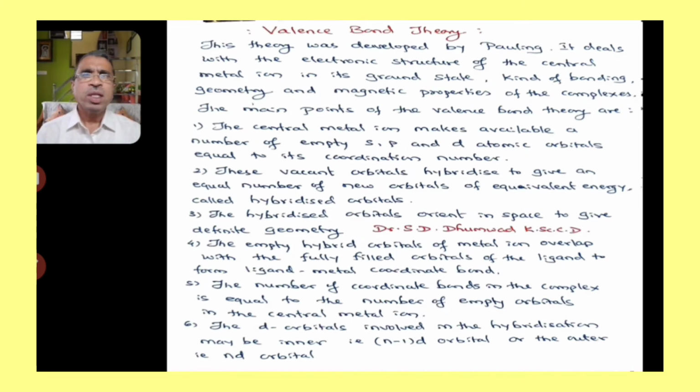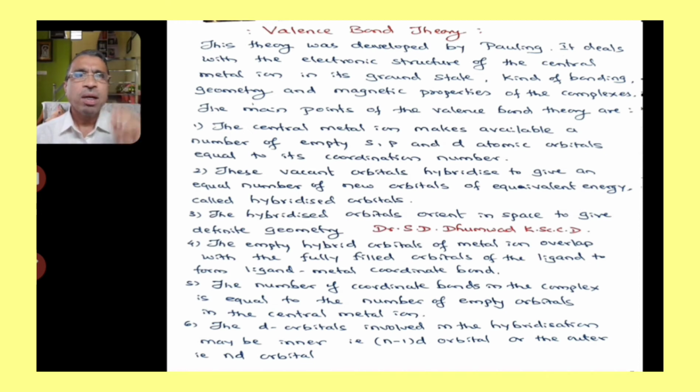You know the syllabus of the 6th semester. In the 6th semester, you have the valence bond theory as well as the crystal field theory. The other theories you are going to study in higher standards.